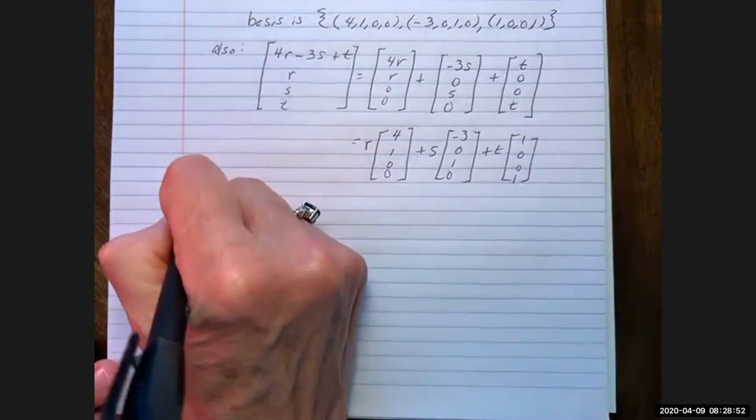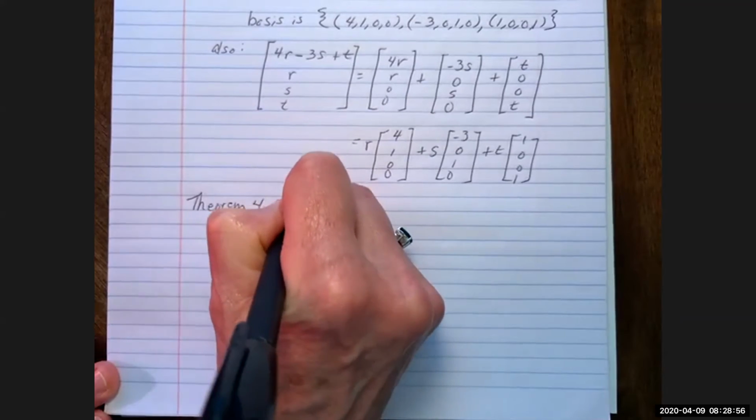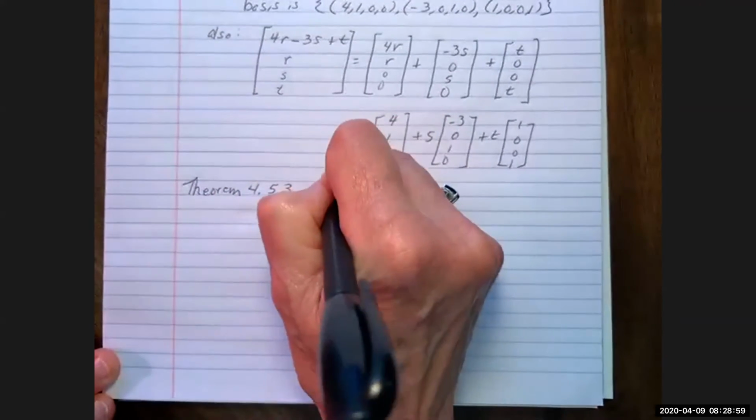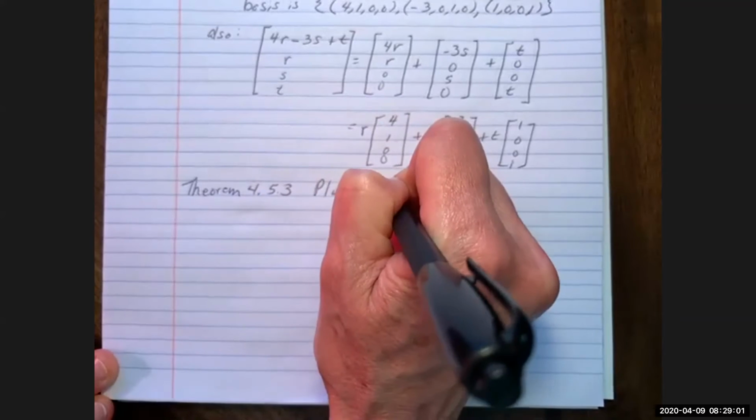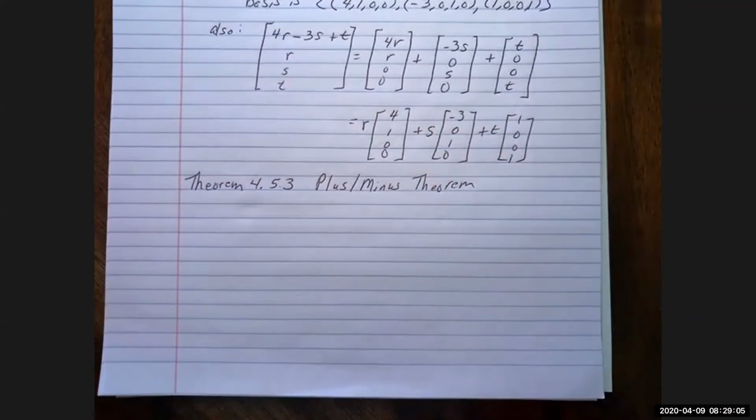All right, our next theorem. This is actually a pretty easy one to understand. We're not going to prove this. This one's called the plus-minus theorem. It's kind of nice when they actually have a name, so you can refer to them by something besides a number.